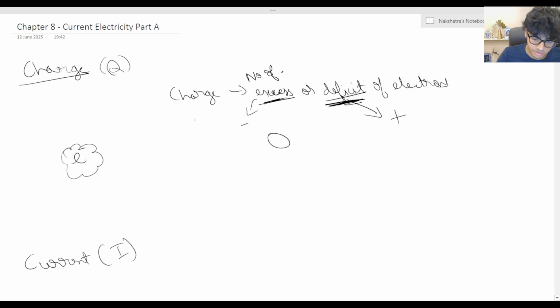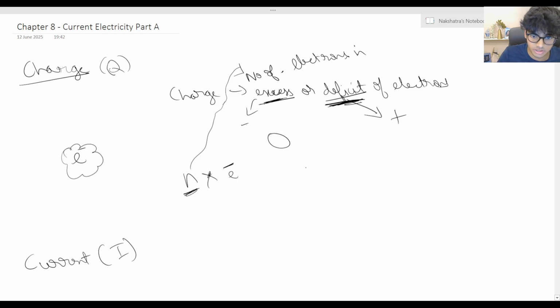So because it's always dependent on electrons, we know that the charge of a body will always be a certain number n multiplied by the charge of an electron. This n here we will take as the number of electrons in excess or deficit multiplied by the charge of one electron.